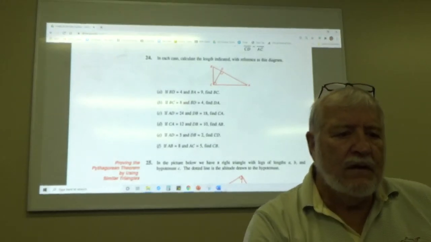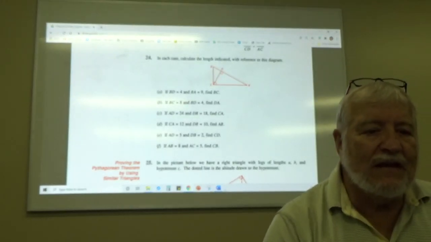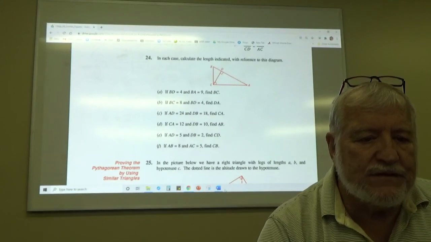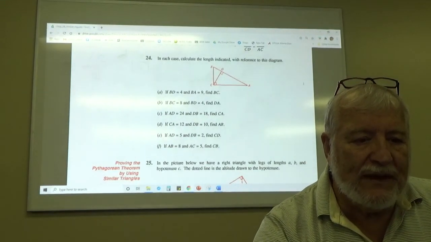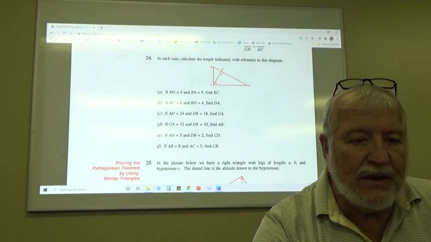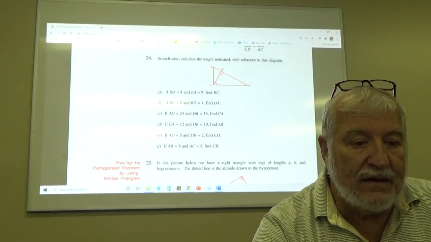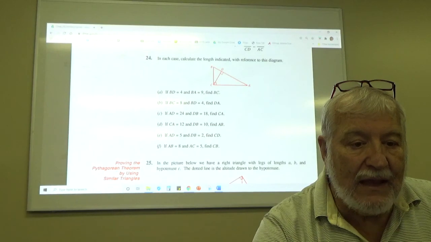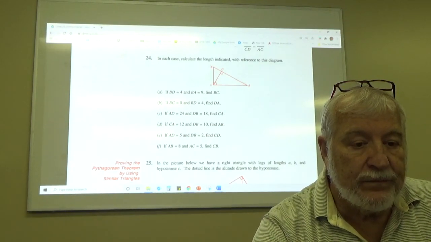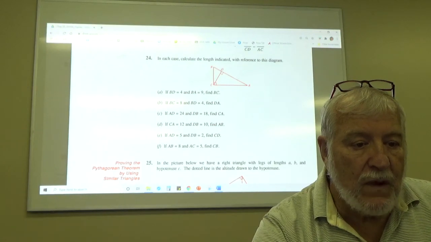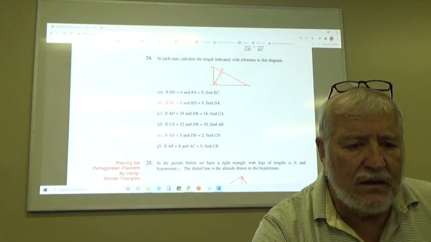Okay, so in each case, calculate the length indicated with the reference in the diagram. Okay, so BD, all right, BD is the short side, right? And BA is the hypotenuse. So find BC.